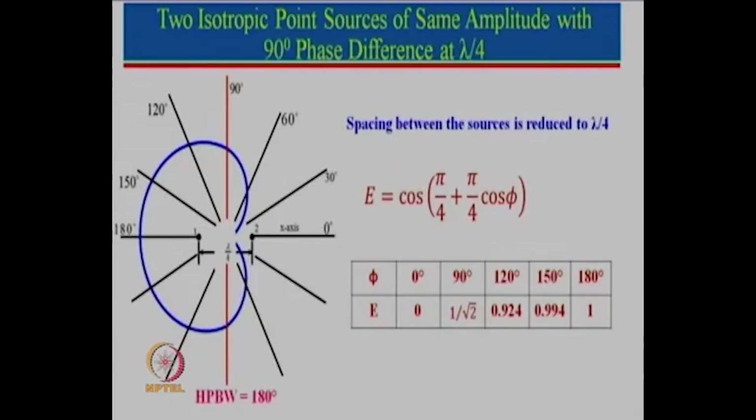But if we put two elements of equal amplitude with the lambda by 4 distance and pi by 4 phase difference, then we can actually realize a radiation pattern which is radiating only on one side, and the backside radiation will be almost negligible. Of course, the same thing can also be obtained by using a reflector, which will reflect the signal from the backside.